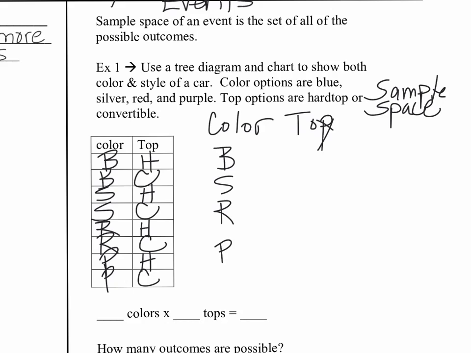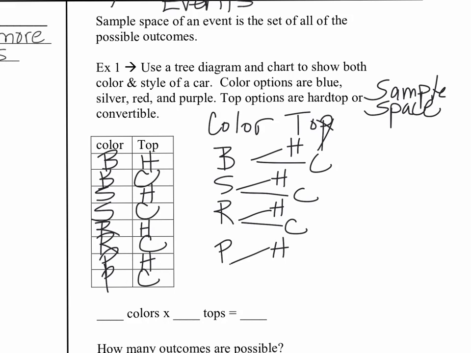The tree diagram, just like branches on a tree, you can have a blue car with a hard top or convertible, silver car with a hard top or convertible, a red car with a hard top or a convertible, and a purple car with a hard top or a convertible.